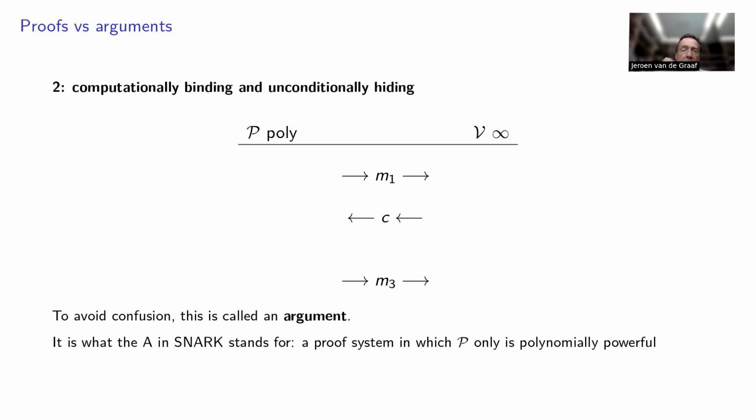And the reason I'm mentioning it is also this is what the A in SNARK stands for. I'm going to repeat the SNARK at the end of this lecture, but the A in SNARK stands for argument, the A and the R actually. So it means that the prover in this setting is polynomially powerful. So this is the distinction between proofs versus arguments.